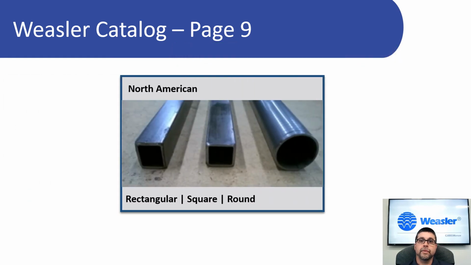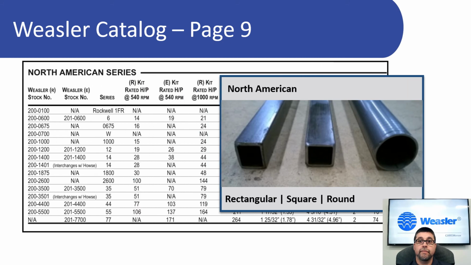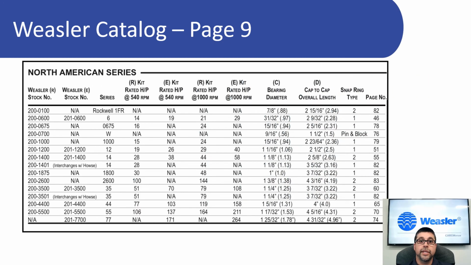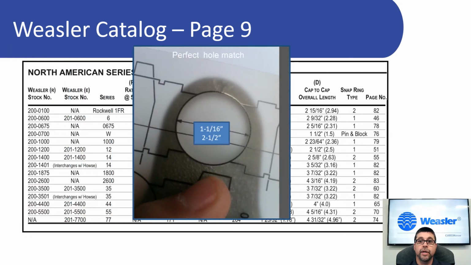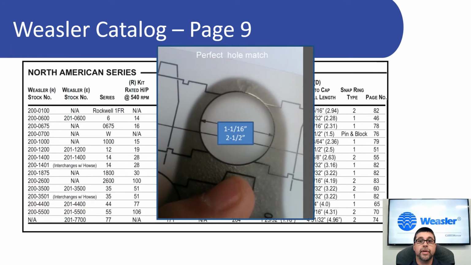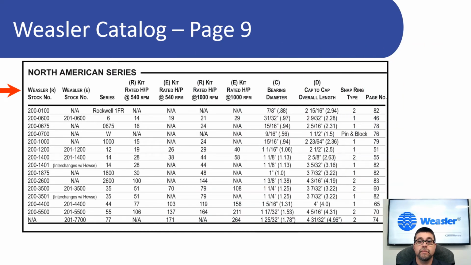For this example, say we identified the shaft and tubing used in the PTO as domestic by its shape. We look at the top section of page 9, the North American series. Using the part number or measurement we obtained from the cross and bearing kit or yoke, we can either go to the bearing diameter column and match up the cap diameter we identified, or we can also use the part number from the TIS card.